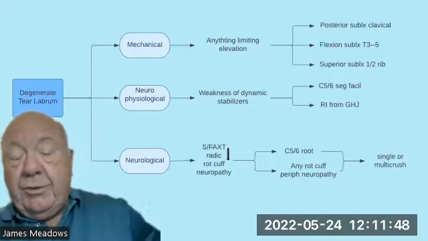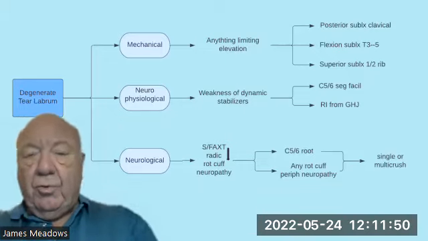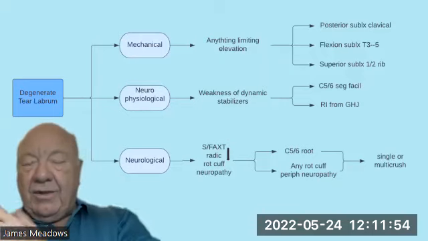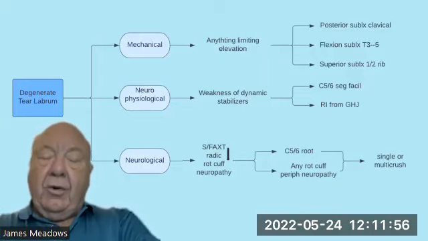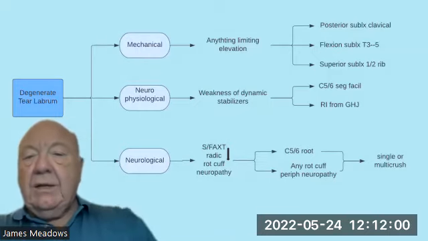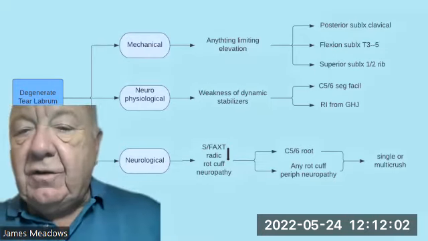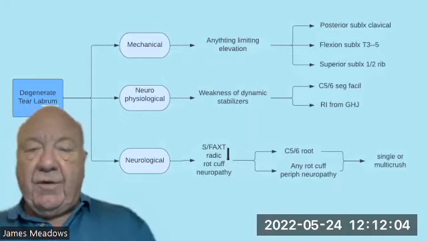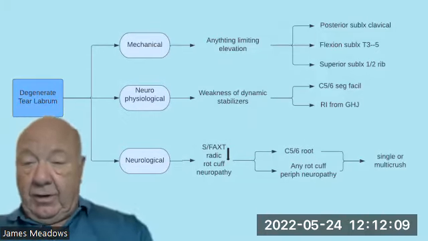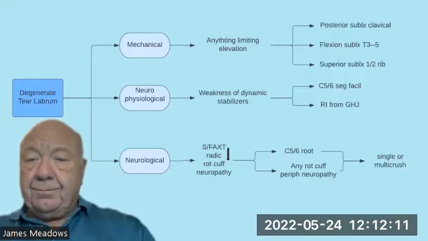Anything working behind you with extension, which is a much less common cause, can damage the other parts of the labrum. So anything overhead, including abduction activities, can potentially damage this. If you've got full range elevation of the shoulder, then the chances are the labrum is going to be fine, as long as you're not overdoing that, so it actually does become a stress tear, if you like.